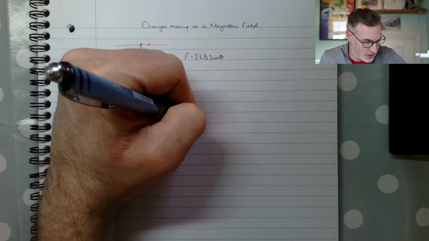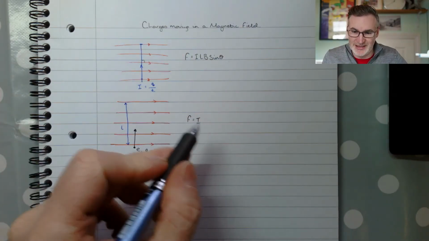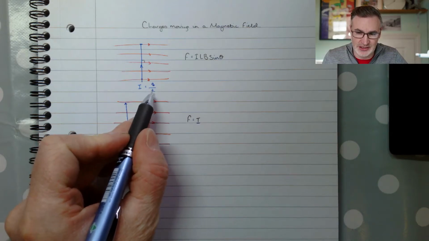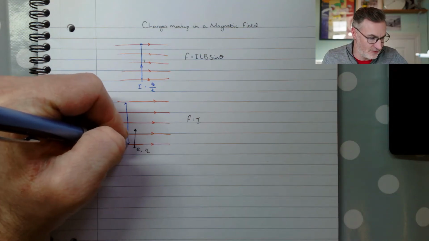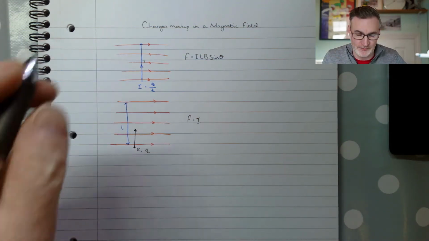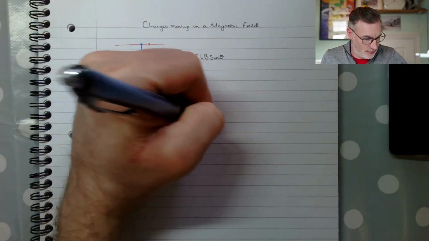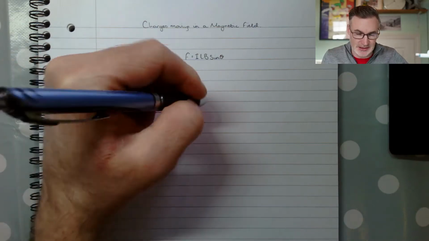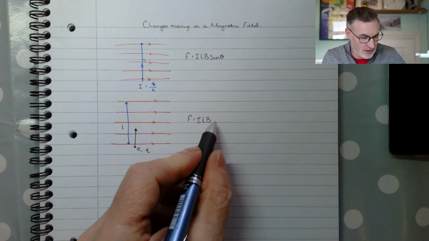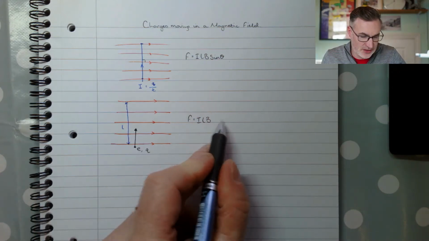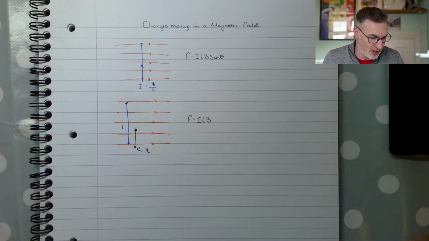The force that this electron will experience will be I, which is the charge per unit time, or the time taken for the charge to move from this point to this point, times the distance, times the strength of the magnetic field. I'm going to leave sine theta out for just now, but it can be put back in at any time, and I will put it back in a second.